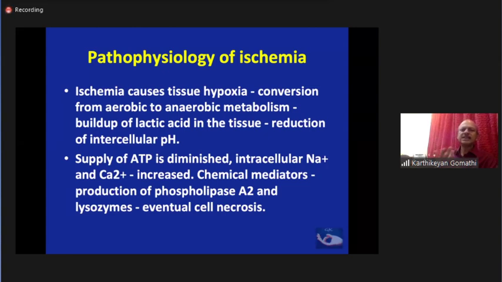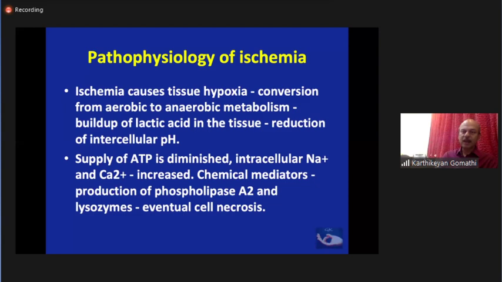Now, what is the problem with ischemia? How is it going to affect the results of replantation? Ischemia causes tissue hypoxia, and when there is tissue hypoxia, there is a change from aerobic to anaerobic metabolism. When anaerobic metabolism starts, there is a buildup of lactic acid in the tissues, which leads to acidity and reduction of the intracellular pH.